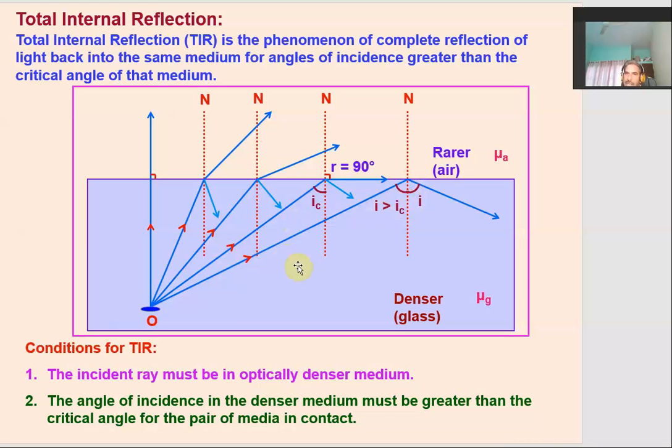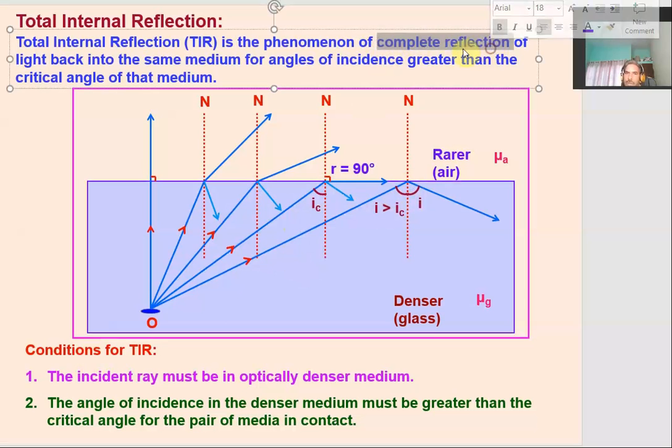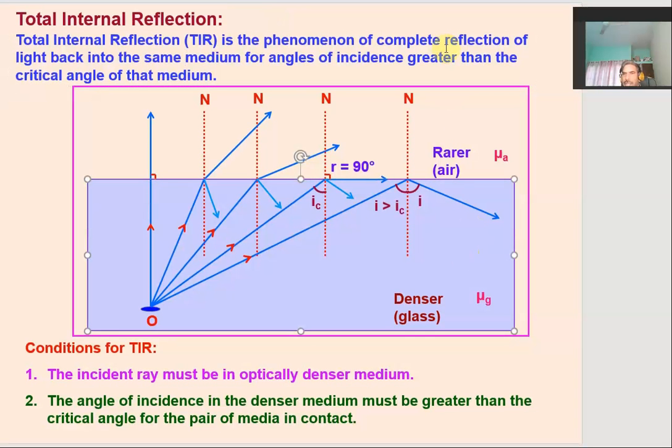So it is the phenomenon of complete reflection of the light back into the same denser medium, right? This will happen only when the angle of incidence is greater than the critical angle for the medium.